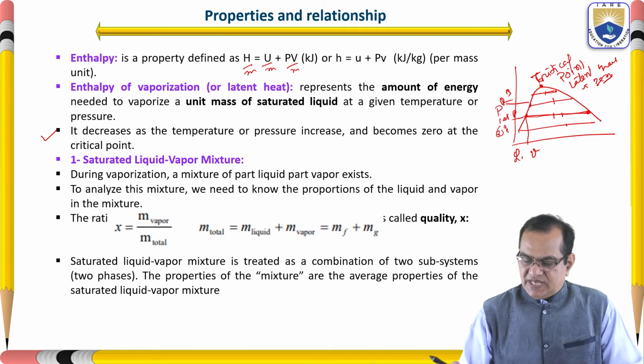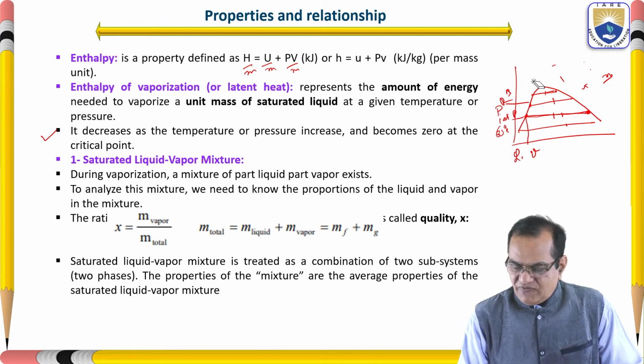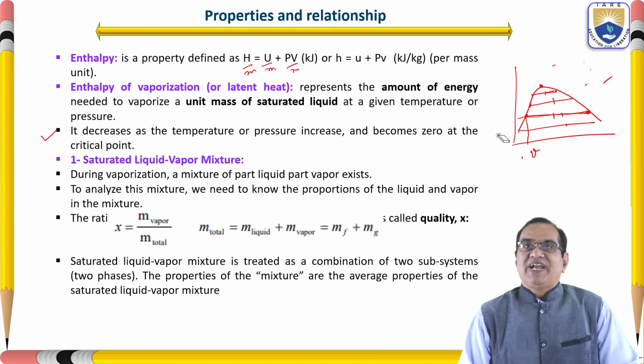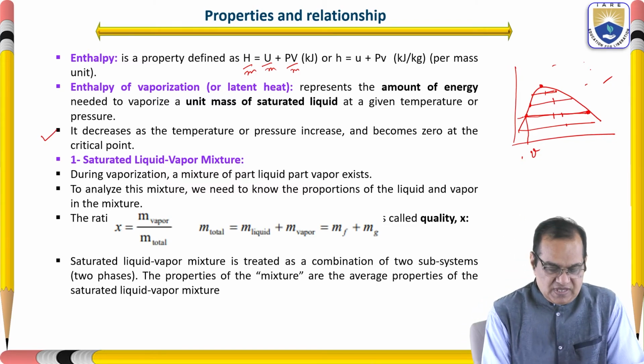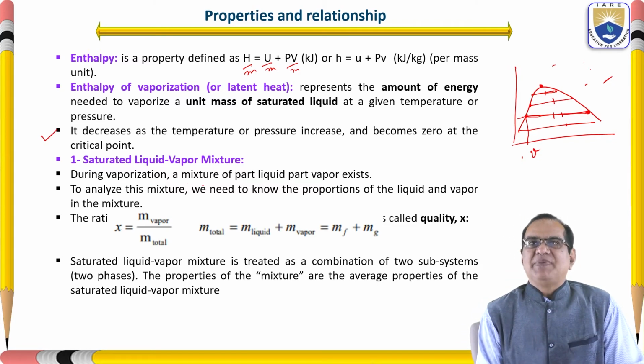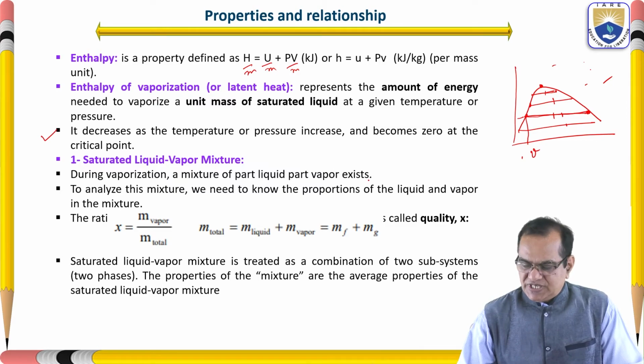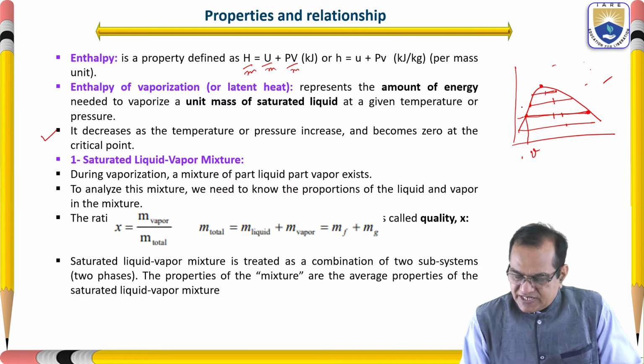So next is, what is the meaning of saturated liquid vapor mixture? During vaporization, a mixture of part liquid, part vapor exists. If you see here, this is the liquid line and this is the vapor line.